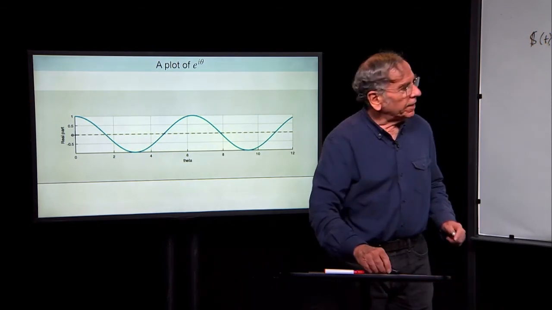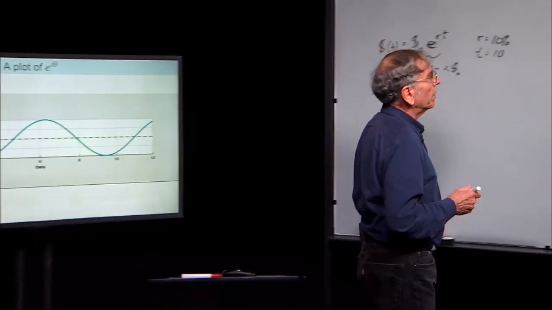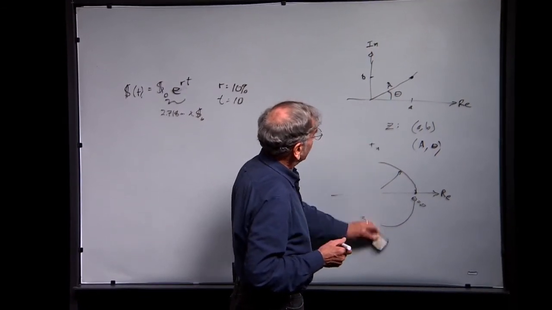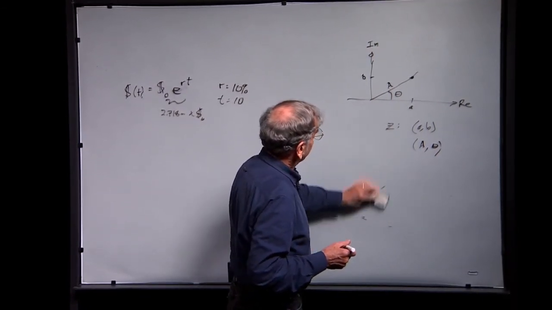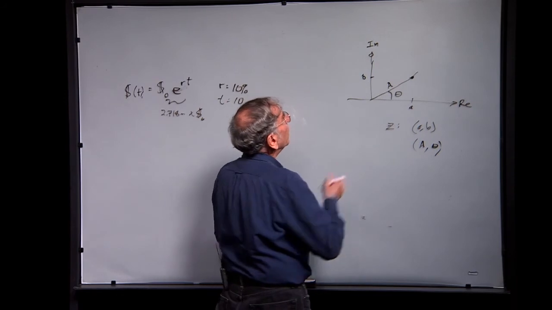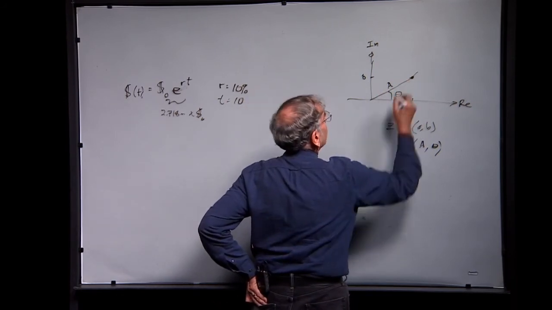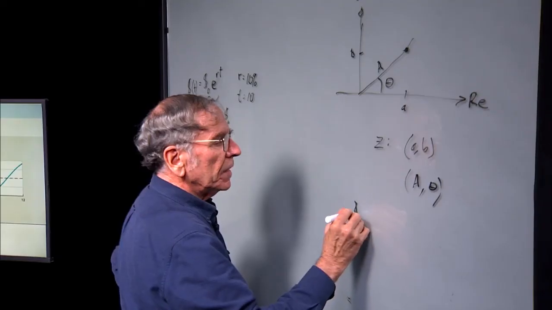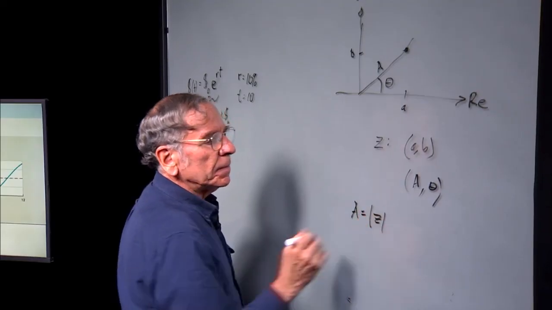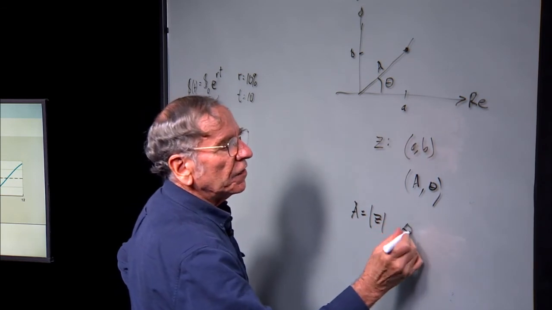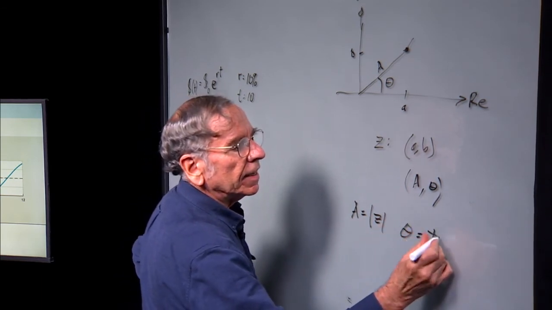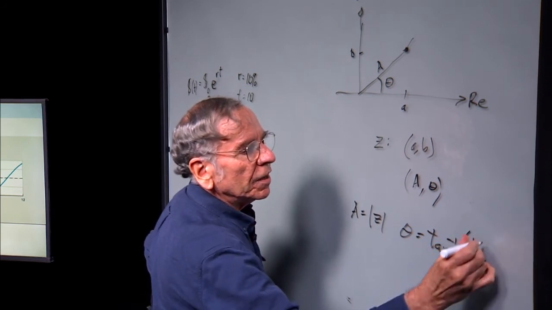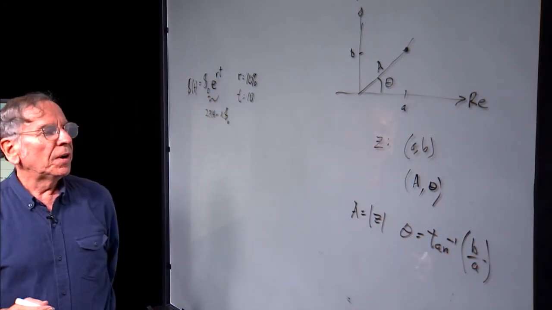So based on what we have here, we can be a little bit more sophisticated about our representation as a number in the complex plane. Specifically, we know that if we represent z as an amplitude and a phase, then the amplitude is just the absolute value of z, and the phase is just the inverse tangent of the ratio of imaginary to real parts.